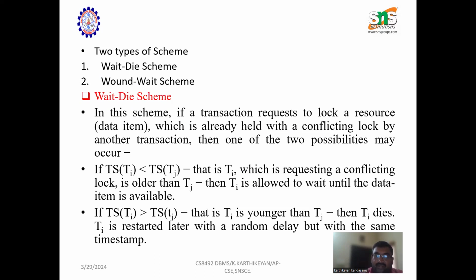If TS(Ti) is less than TS(Tj), that is Ti, which requests the conflicting lock, is older than Tj, then Ti is allowed to wait until the data item is available. If TS(Ti) is greater than TS(Tj), that is Ti is younger than Tj, then Ti is restarted later with a random delay but with the same timestamp.